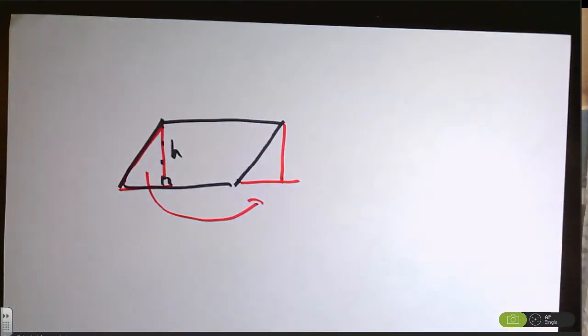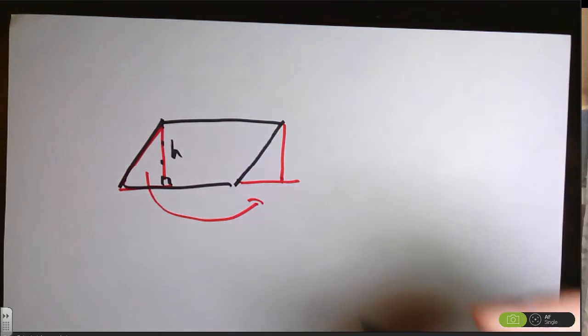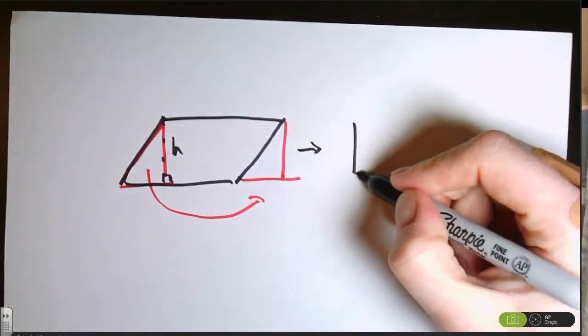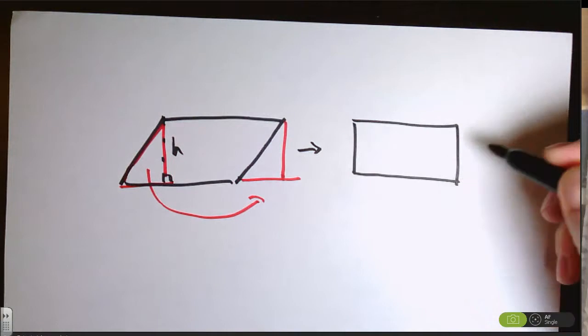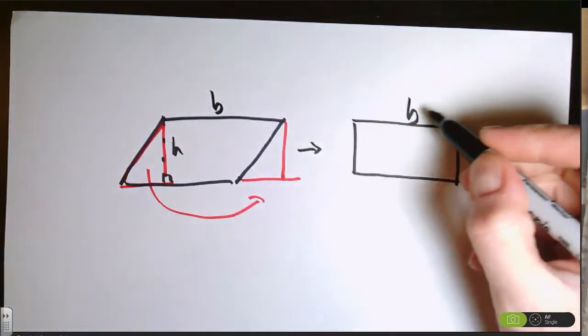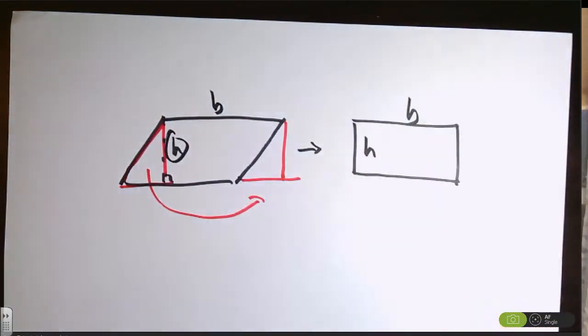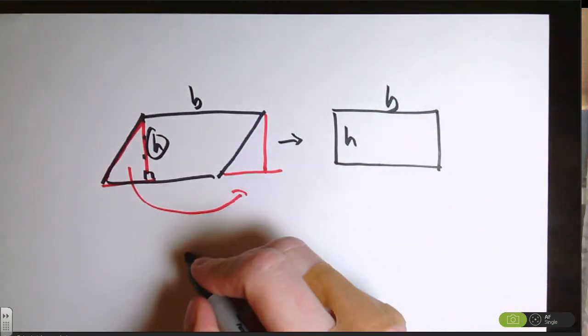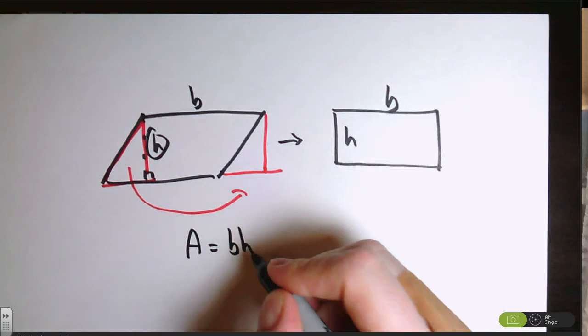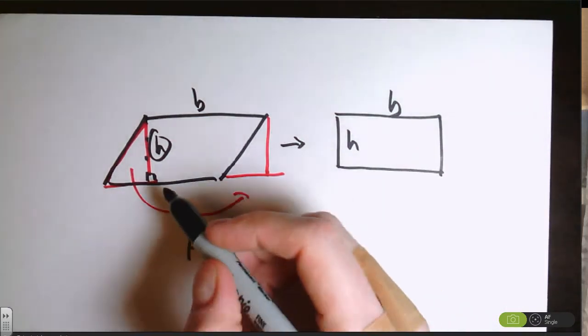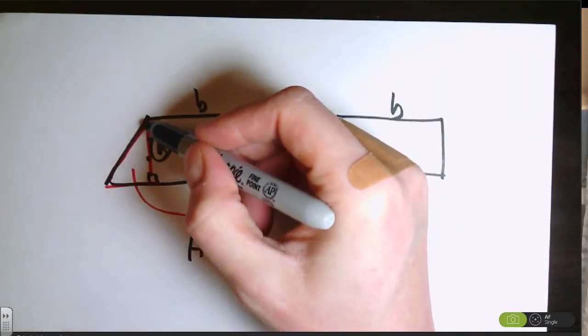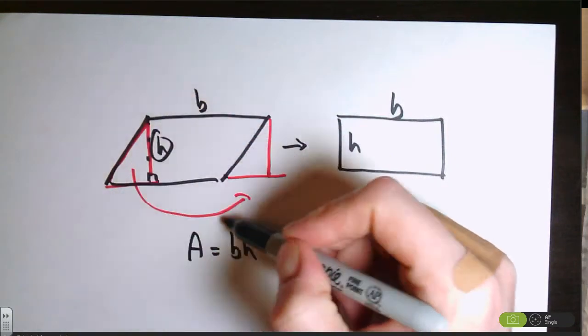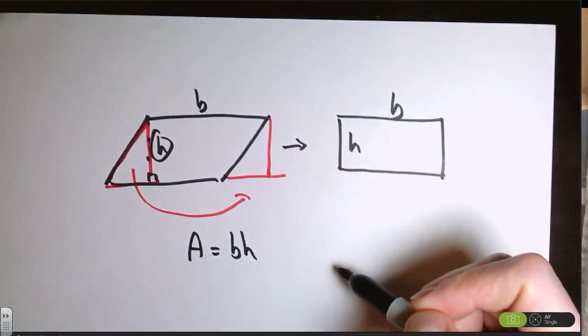And when I do that, that creates a rectangle where this is the base, here's the height, and it ends up giving me the exact same area. So the area of a parallelogram is area equals base times height. That's because it's really a rectangle, but you've cut off that triangle and slid it in there to make it become that rectangle.